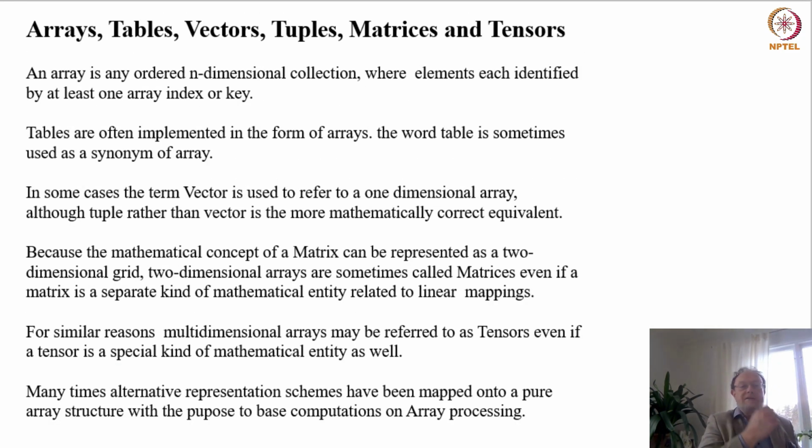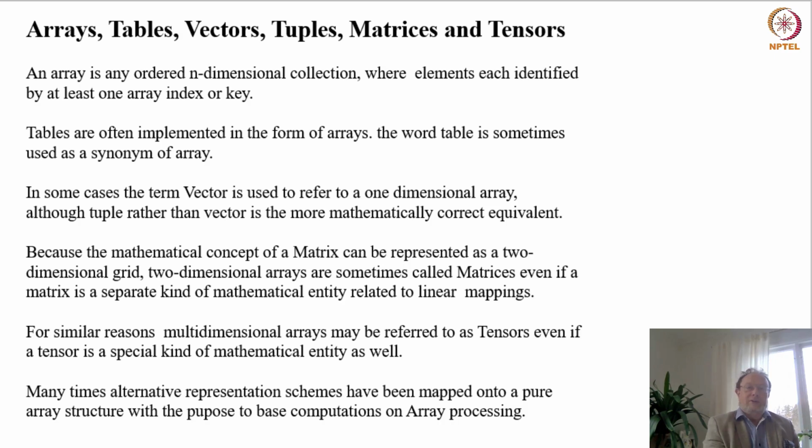So now let's look at one form of representation that is very basic for most programming paradigms, and still also very extensively used in many machine learning applications. And this form of representation is arrays. An array is a well-known phenomenon.